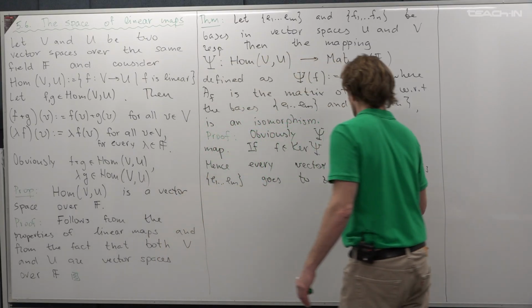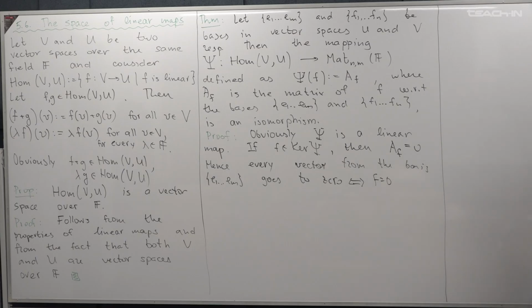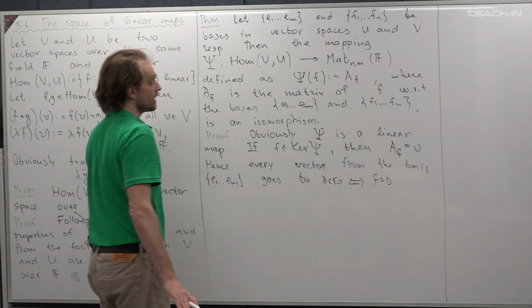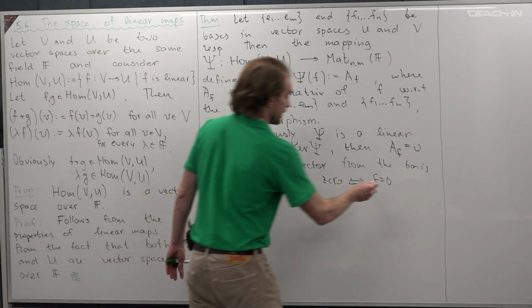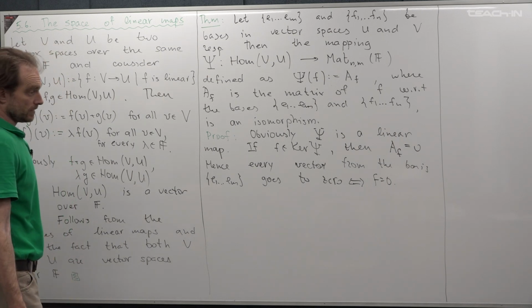And so this is equivalent to the fact that f is 0. So the kernel of this mapping is trivial. And the only thing that is left is the surjectivity of this mapping.